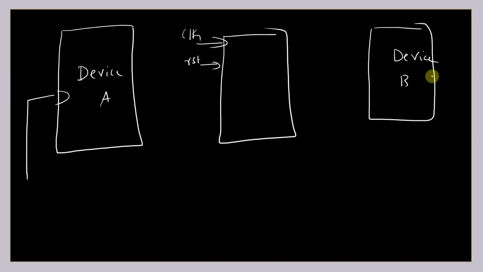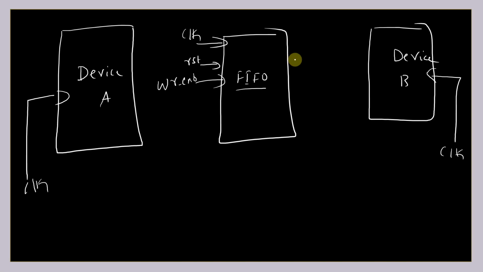This is the same clock which was connected to my device A as well as device B. And the reset is also provided to device A and device B. Now, we have one more signal which is known as write enable. What is write enable used for? Write enable is basically used to enable the data write operation into this FIFO, and read enable is basically used to read the data from this FIFO.